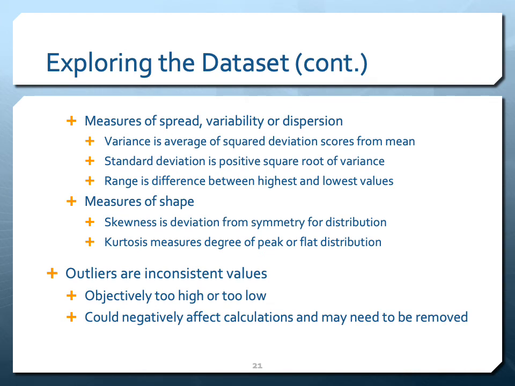Other things to think about when you're talking about data. You have measures of spread, basically how wide are these numbers, how different are they from each other, things like that. And to measure that, you have what's called variance, standard deviation, or your range. Variance and standard deviation are very close to each other.